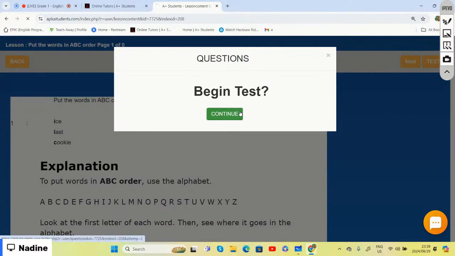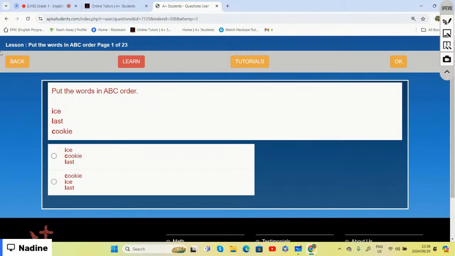All right, so now we're going to begin our test. We need to put these words in ABC order, meaning from the word that is the first word somewhat in the alphabet compared to the three words that are given.